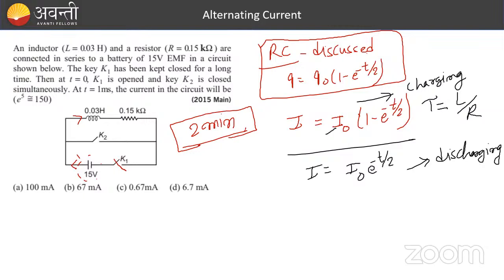I naught का value क्या होगा? This is maximum current. So maximum current will be equal to E by R always. है ना?